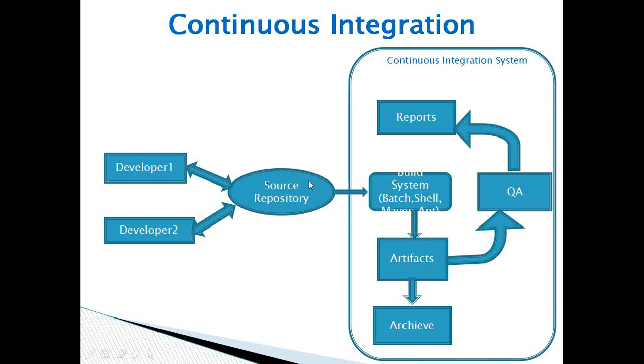There will be a central source code management system, and developers will be doing check-ins to the source code repository. The continuous integration system talks with the repository, gets the source code, runs the builds using the build tool, and publishes the artifacts to the dashboard. If any automated tests are configured, those test cases will be executed, and the reports will be published.